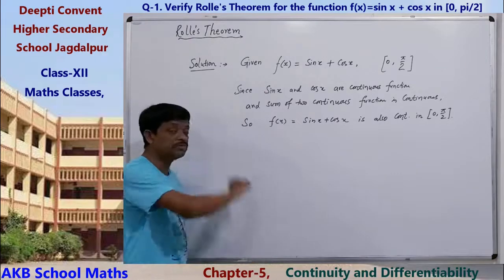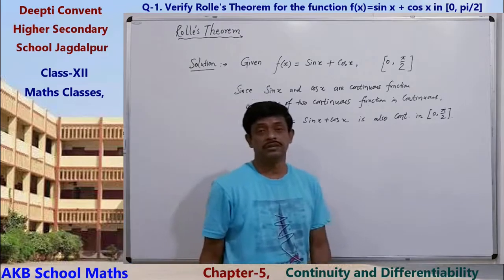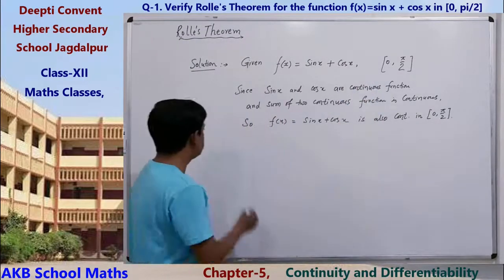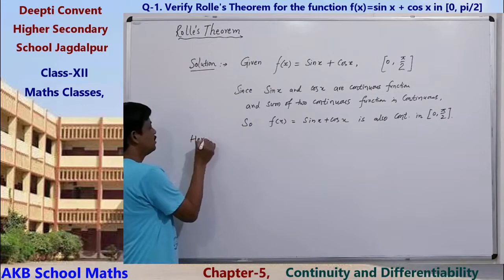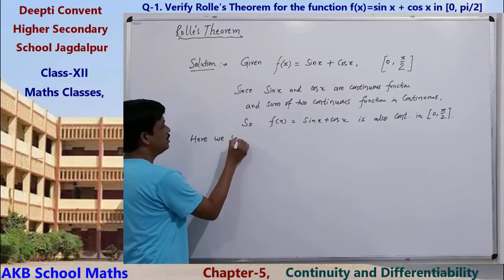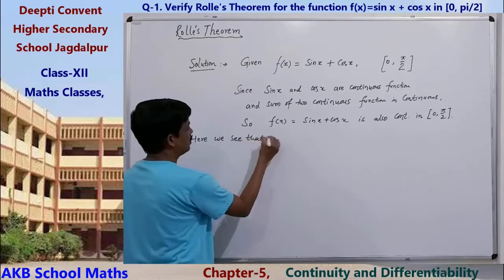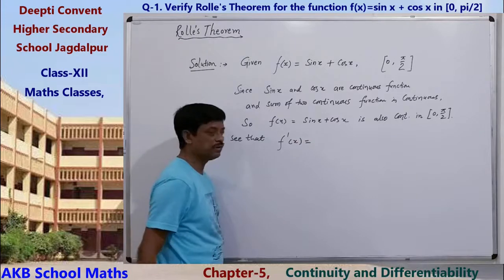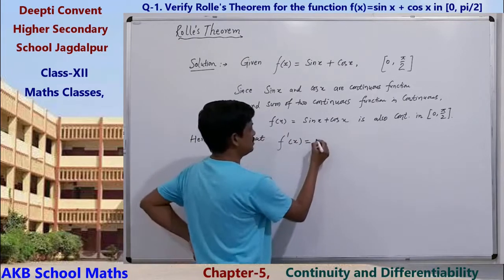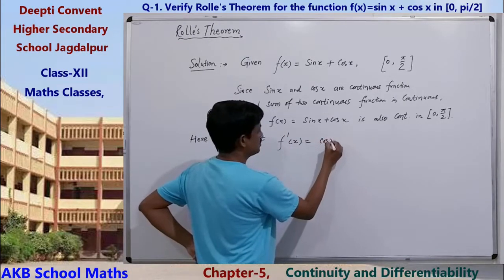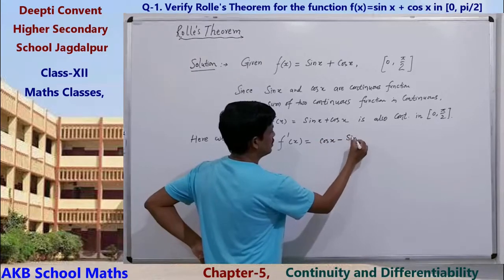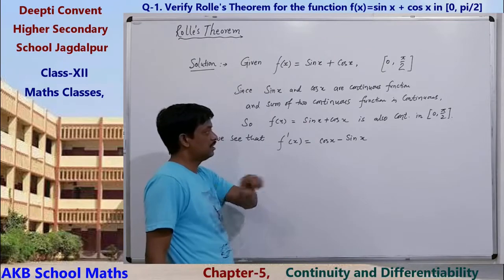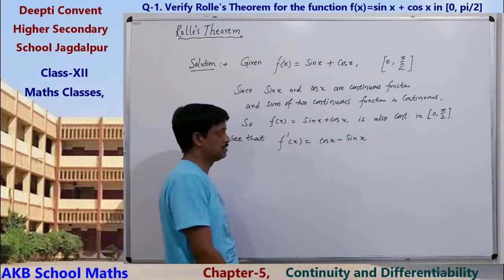Now the derivative must exist in the open interval 0 to pi by 2. Here we see that the derivative f dash x equals cos x minus sin x, because the derivative of sin x is cos x and the derivative of cos x is minus sin x.